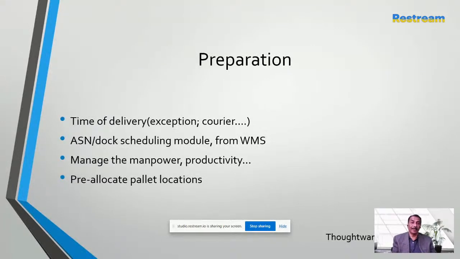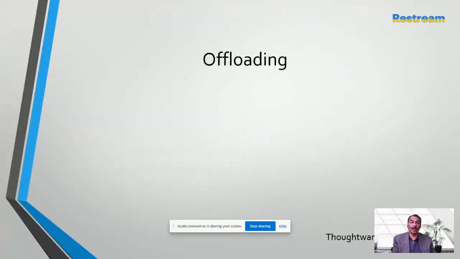And if at all you are working in a congested warehouse, then you should also pre-allocate the space. If available space is already full and you are fighting for space, then the pallet location has to be specified. Offloading, this is where you have to be clear: if the item is coming in palletized form, it is fine.